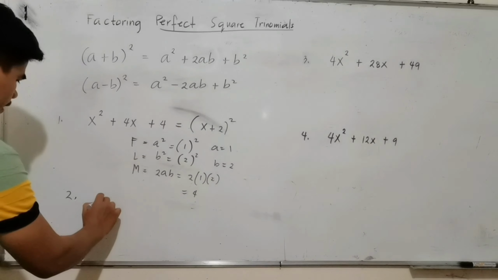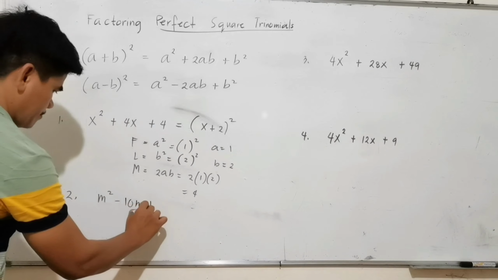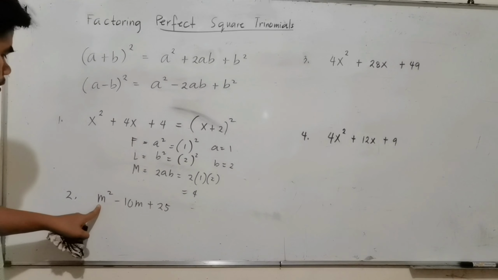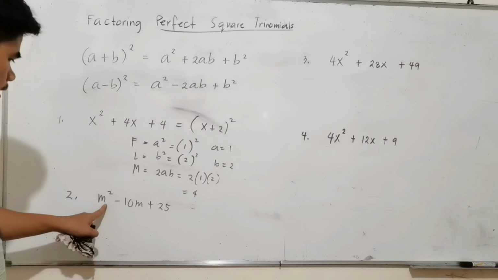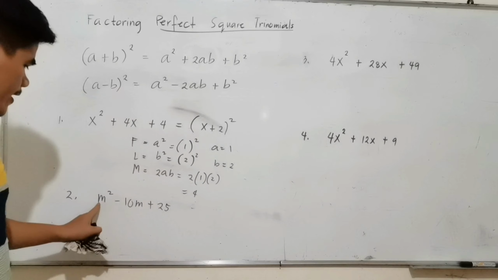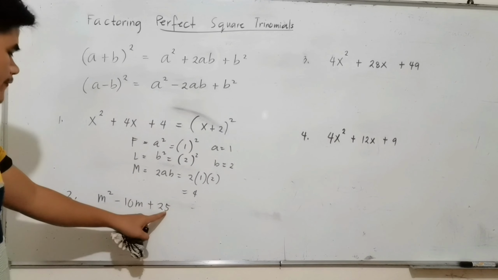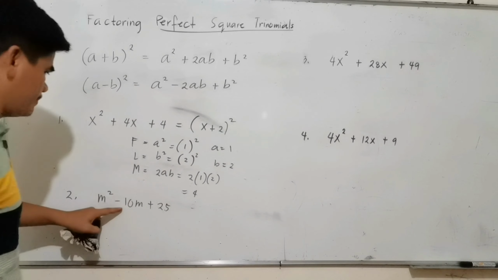Number 2, we have m squared minus 10m plus 25. Take note, the first term is m squared, a perfect square, by m times m. 25 is a perfect square number by 5 times 5. Let us check the middle term.